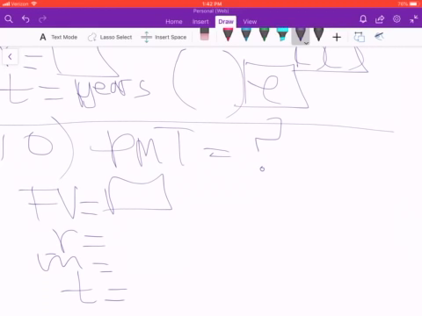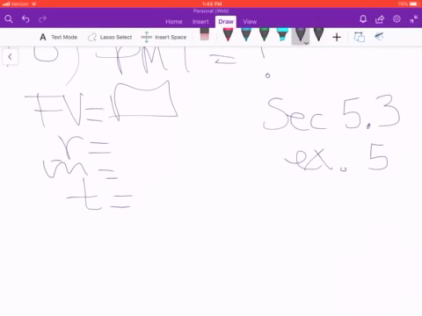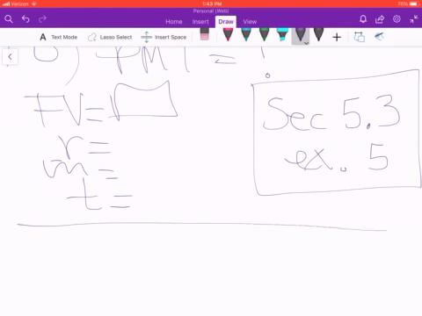So for that one, I will suggest that you look at your notes for section 5.3 and example 5. And so you are allowed to include that formula on your test. So if you look at that or you look at your notes on Blackboard, you can find it there. And we derived the formula in class, so feel free to just write down how to use it.